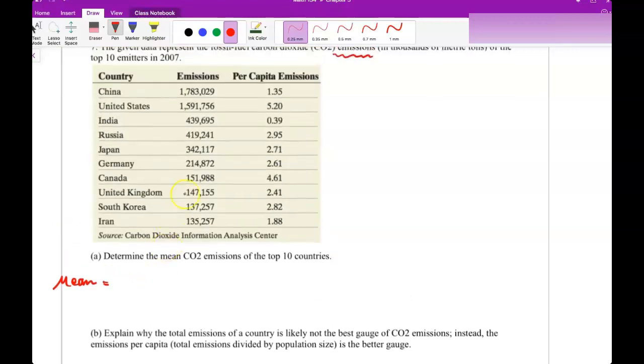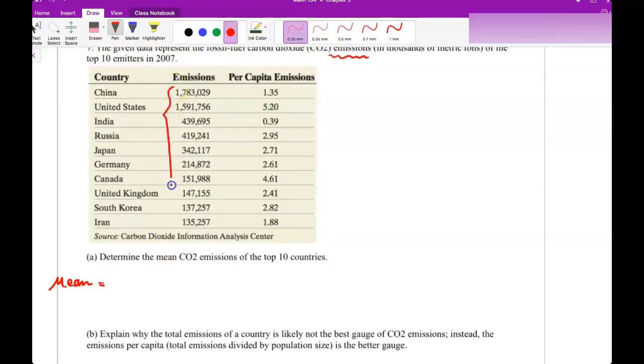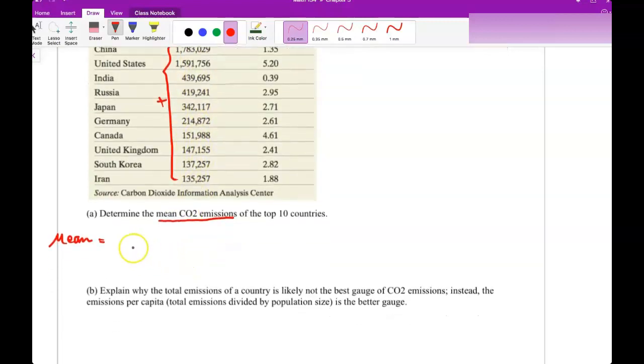So the mean is equal to adding all these numbers. It's asking to find the mean emissions. This column is emissions. Adding all these numbers divided by how many observations we have? 1, 2, 3, 4, 5, 6, 7, 8, 9, 10, because we have 10 countries. Adding these numbers, we have 5,362,367.